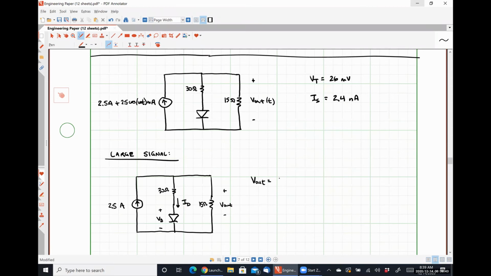So we're going to have 15 ohms multiplied by, now how am I going to express the current flowing through my 15 ohm resistor in terms of my diode current? Let's start there. Anybody have any thoughts? That's it? Yeah, it's that easy. 2.5 minus ID, just using Kirchhoff's current law here.